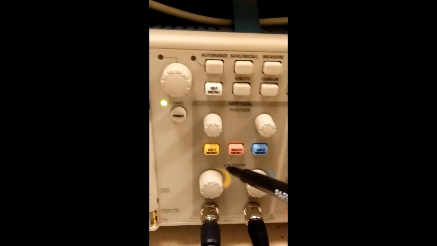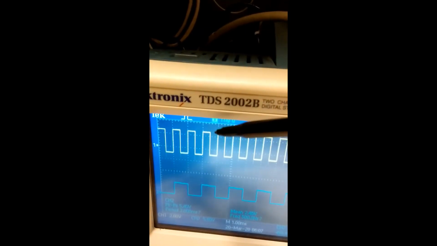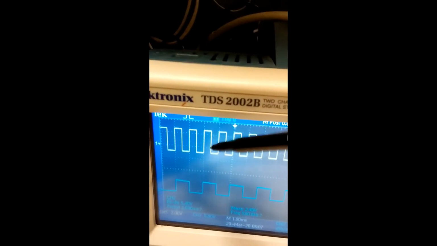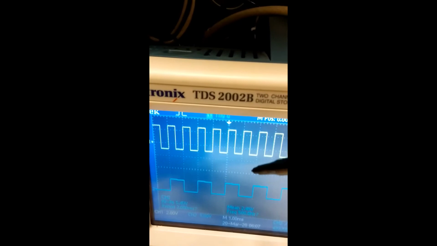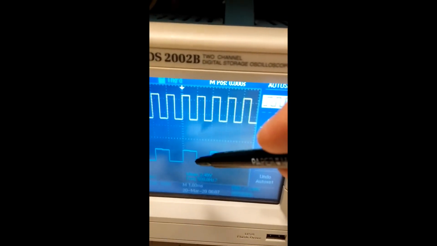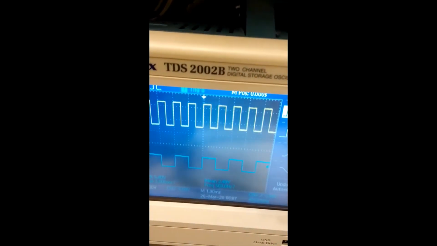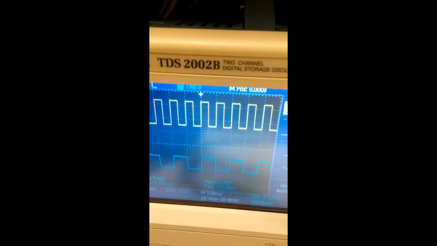This channel 1, which is the yellow signal, is the input to the clock, and this is the output. This blue line, channel 2, is the output signal from the flip-flop. All right, so hopefully this is clear for you guys.